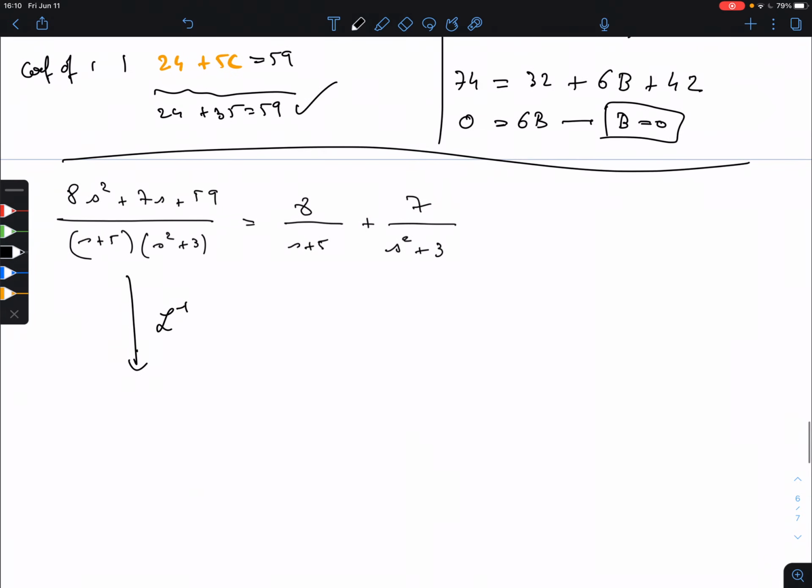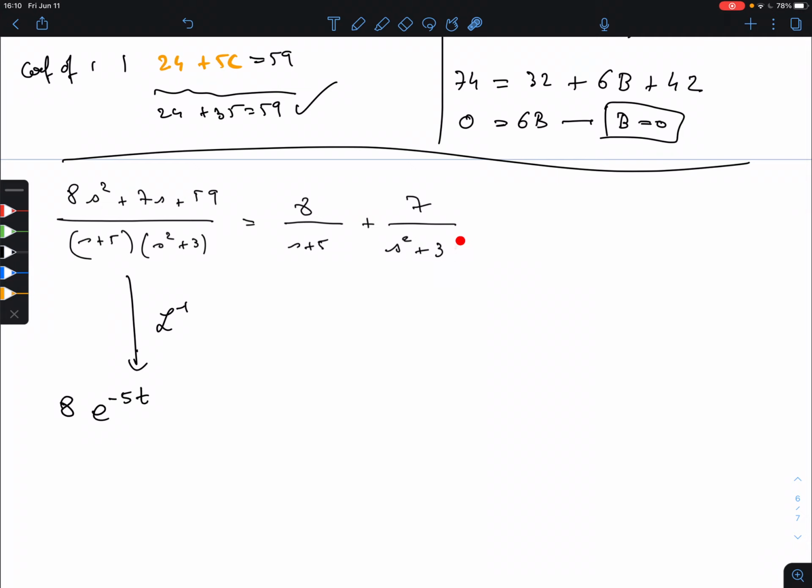So this is 8 e to the minus 5t. Why the 8? Because this has degree 1, so this will have degree 0, 8 times 1 if you want. This is a shift of minus 5, so e to the minus 5t.